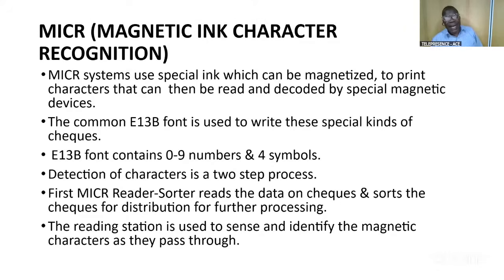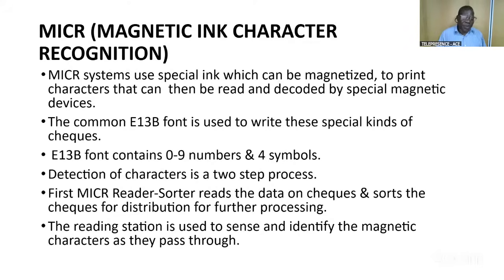Magnetic ink character recognition. Magnetic ink character recognition uses special ink which can be magnetized to print characters that can then be read and decoded by a special magnetic device.